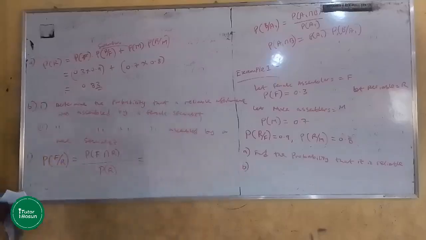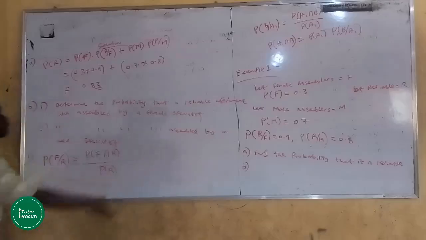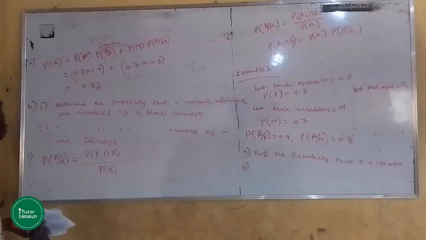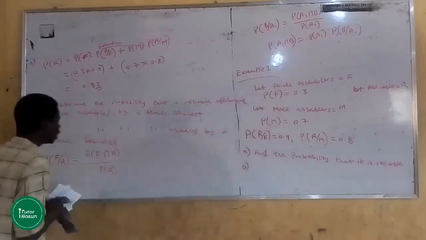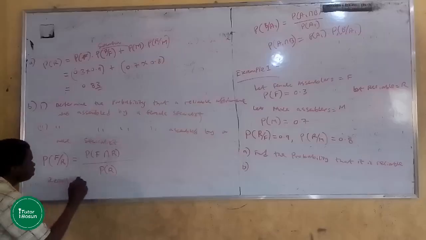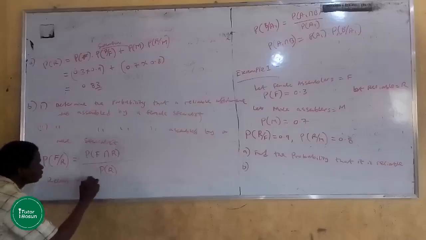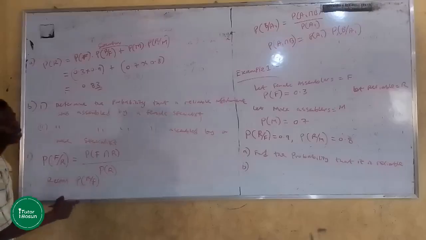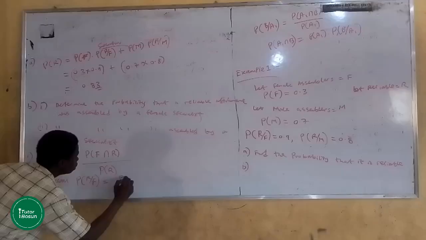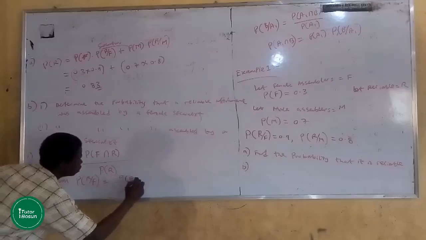But we don't have the probability of female intersection R. We can determine it from our knowledge of conditional probability. Recall conditional probability: the probability of R given female, which we already have as 0.9, is equal to the probability of female intersection R over the probability of female.